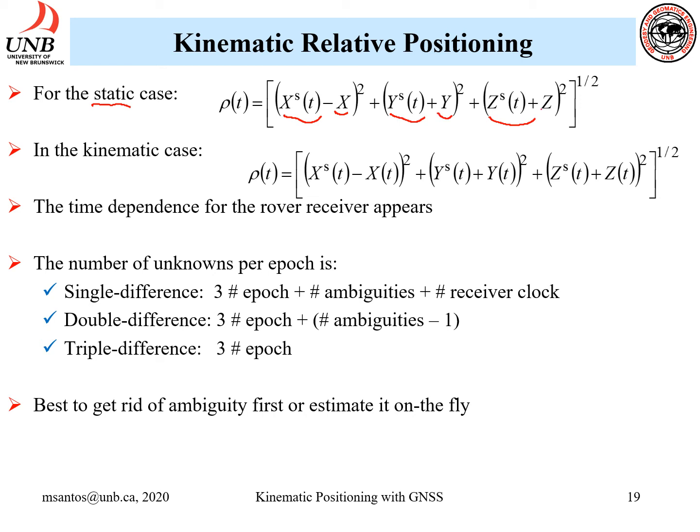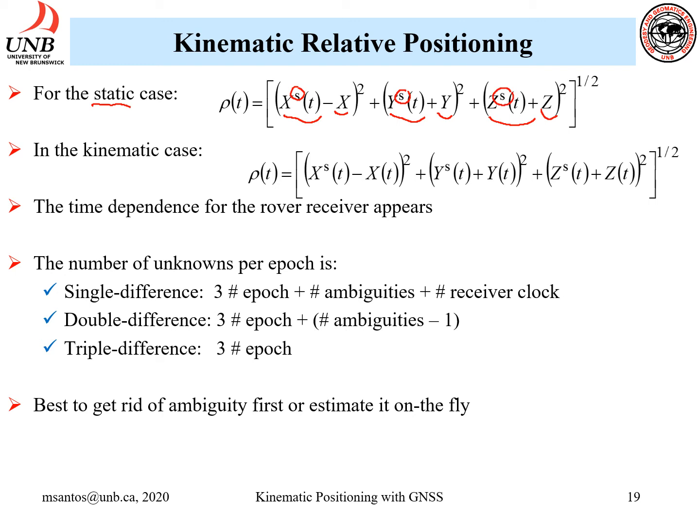X, Y, Z are the receiver. Well, not the observation, I'm sorry. These are the coordinates of the satellite, okay? Component X, Y, and Z of the satellite.